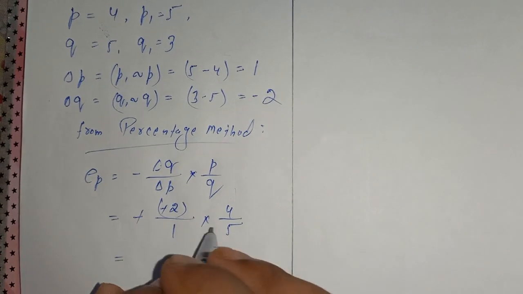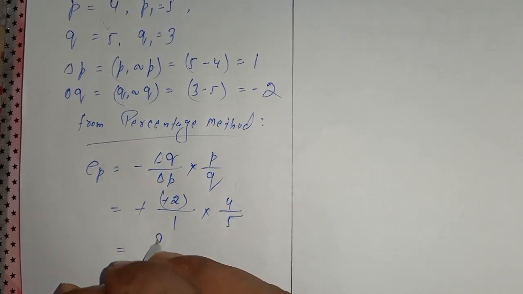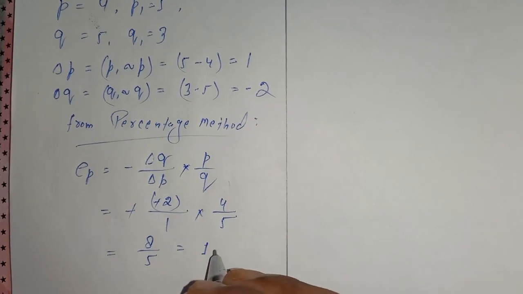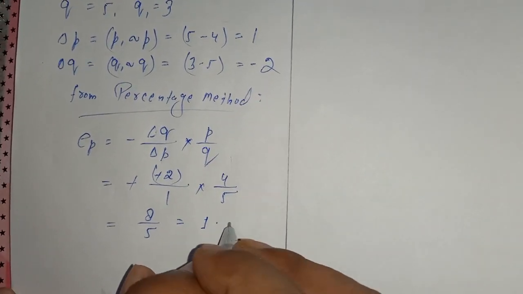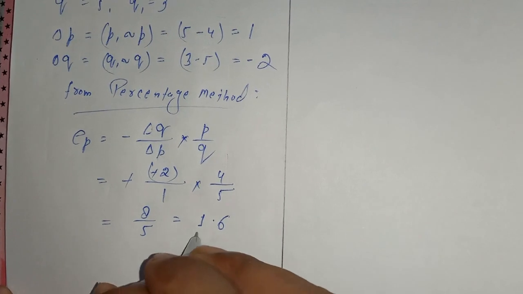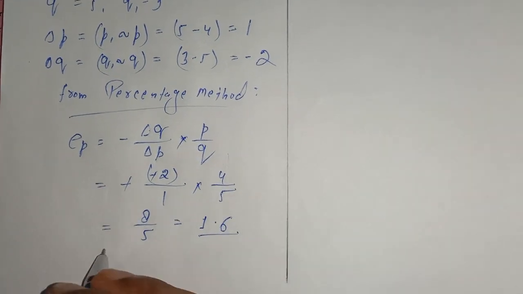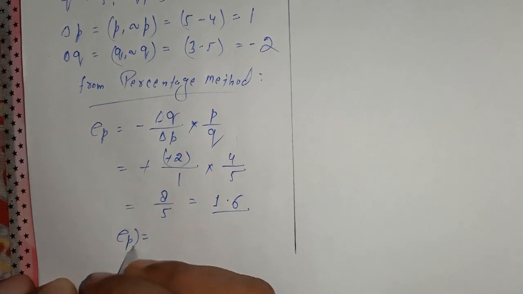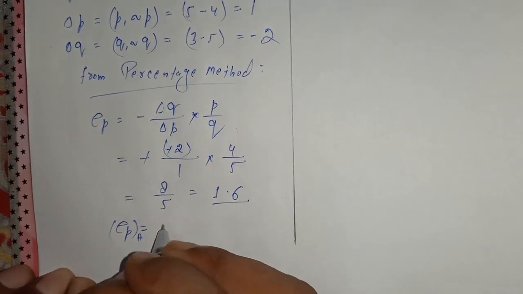Plus 4 into 2, 8 upon 5, so 8 upon 5 is 1.6. So EP for commodity A is equal to 1.6.